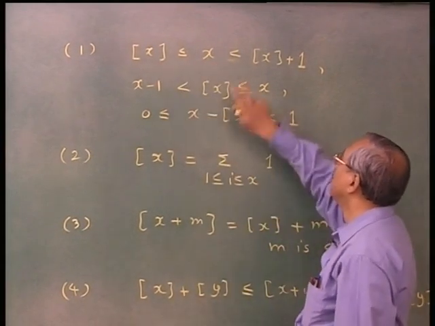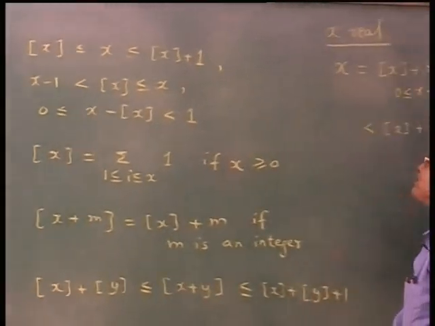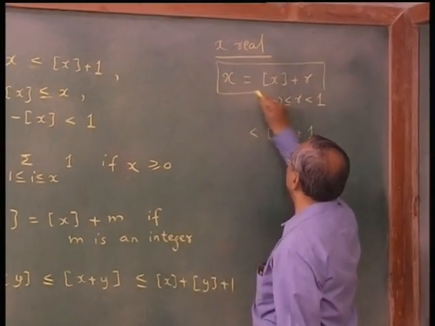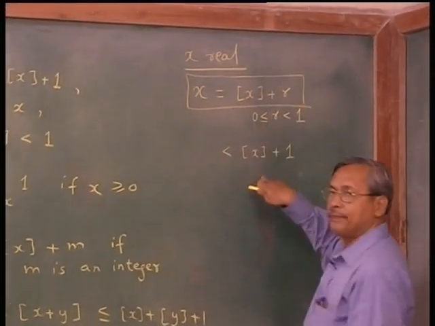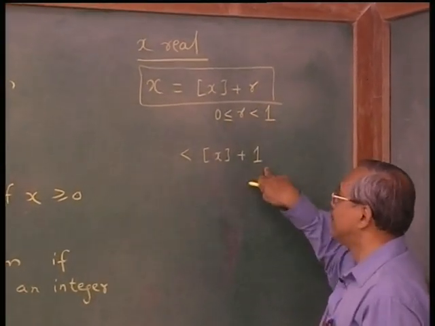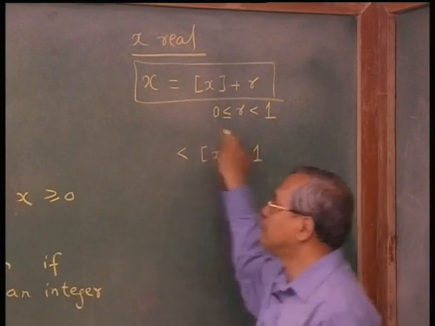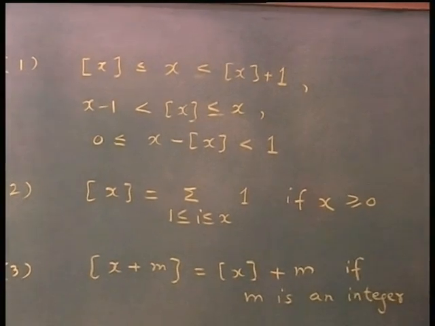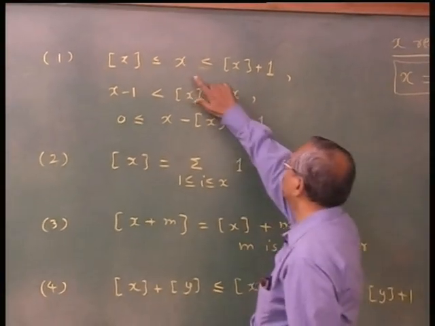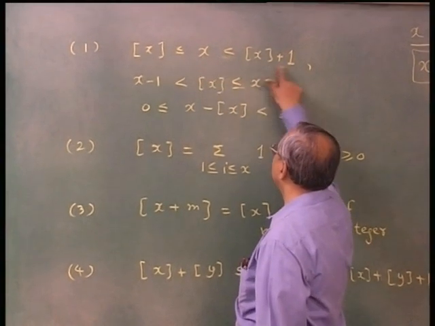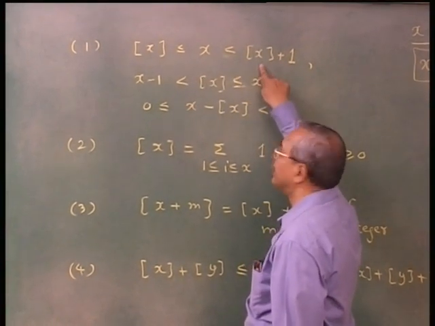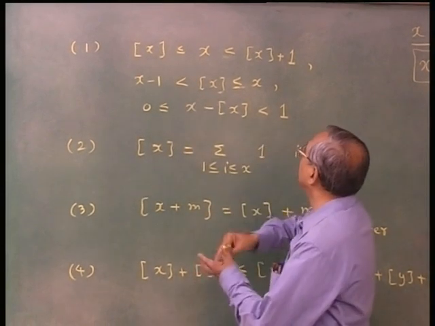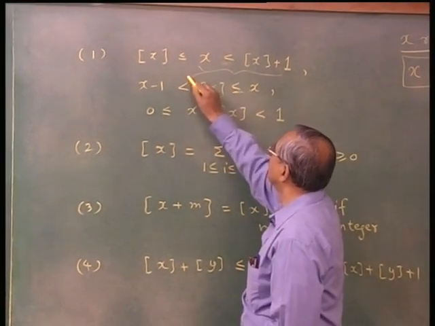But here we have strict inequality. Since r is less than 1, x is less than the integral part of x plus 1. So from this you can immediately get this result: subtract 1 from both sides, x minus 1 is less than the integral part of x.